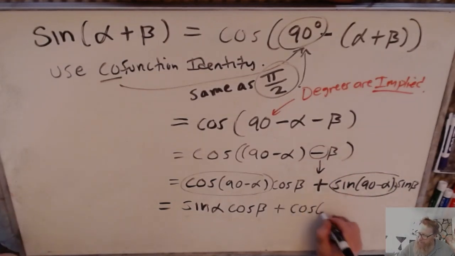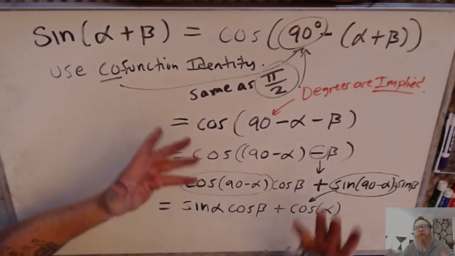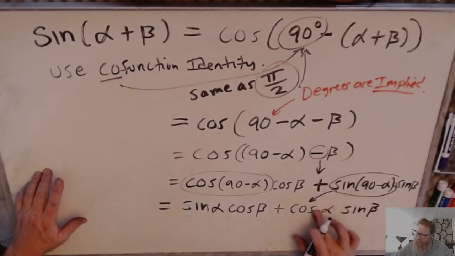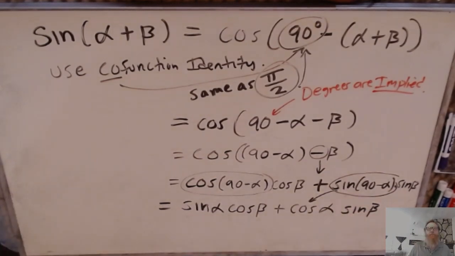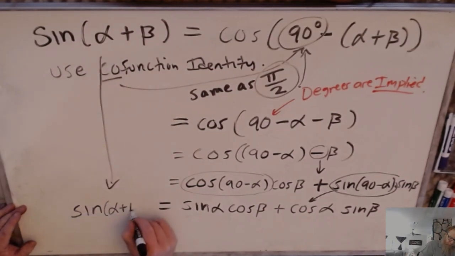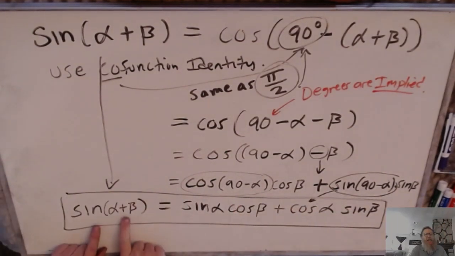That's cosine alpha. That's why it's called cosine. It means the cofunction, the complementary function, 90 degrees. And then you have sine beta. Again, I don't need the parentheses anymore. And there you go. So sine of alpha plus beta is equal to sine alpha cosine beta plus cosine alpha sine beta.